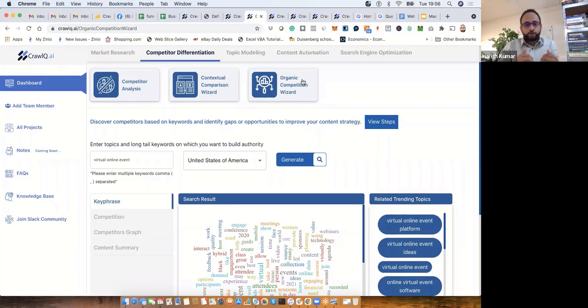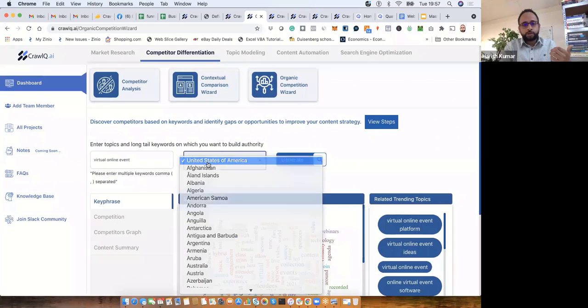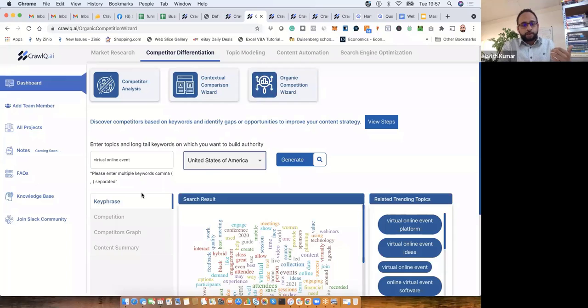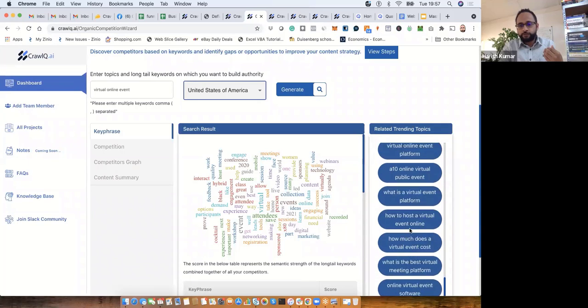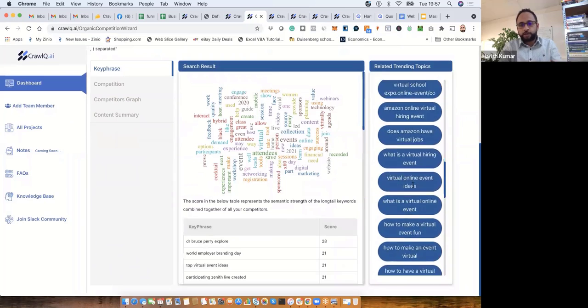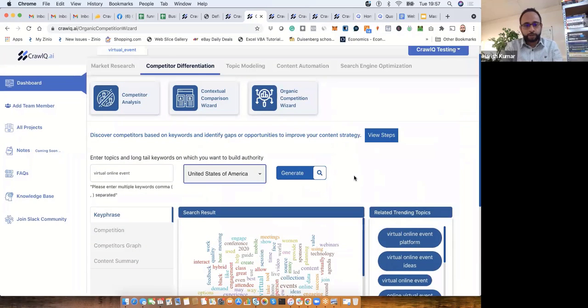Or if you know one or two topics that are your main semantics, like in this case virtual online event, I just put in this word, put the target country as US, and then get some information. These are the main topics, or I get a keyword cloud. These are the trending topics: virtual online event platforms, virtual online event ideas, virtual online event software, B2B online events. You see there are a lot of these trending topics for competitors also.